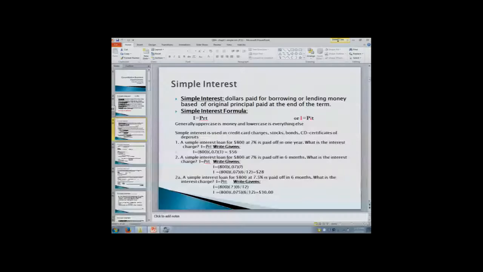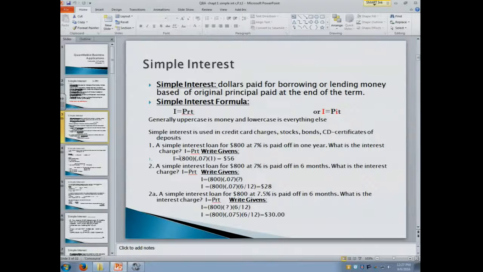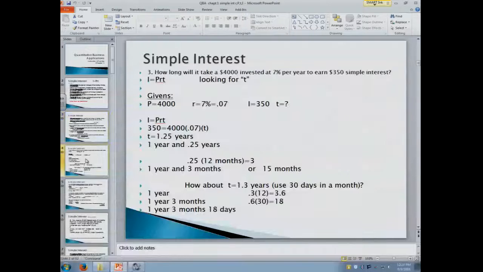Okay, I'm going to turn off the doc cam and go back to my PowerPoints. So here we have the interest. Principal equals 800, 0.07 is our rate, and for 1 year, we have $56 worth of interest. I'm going to let you go through question 2 and 2A by yourself.